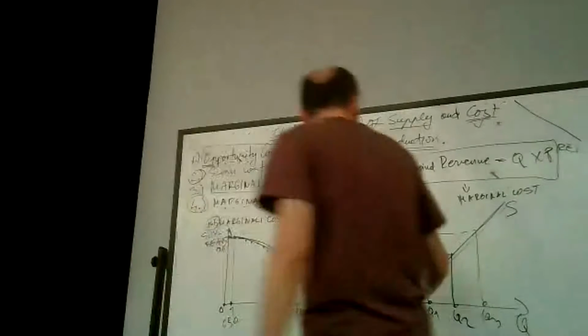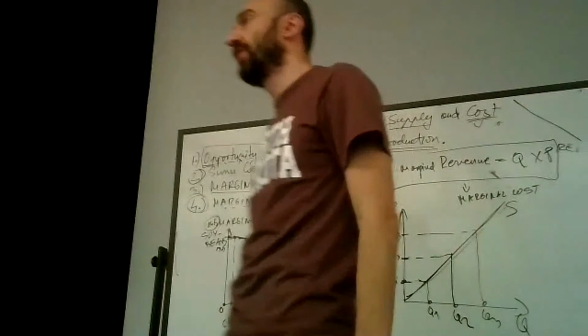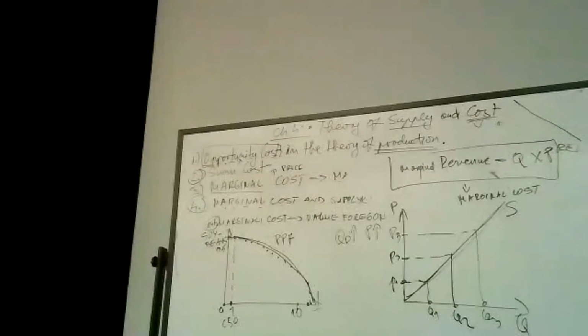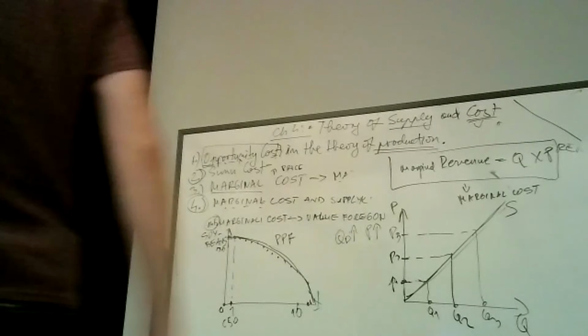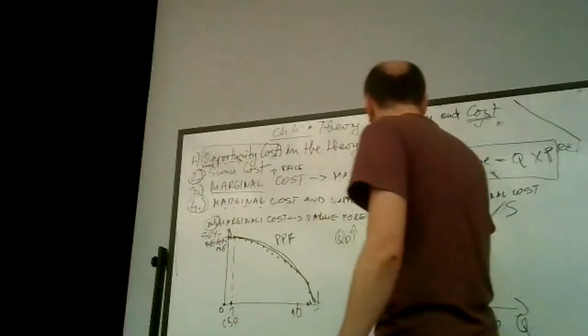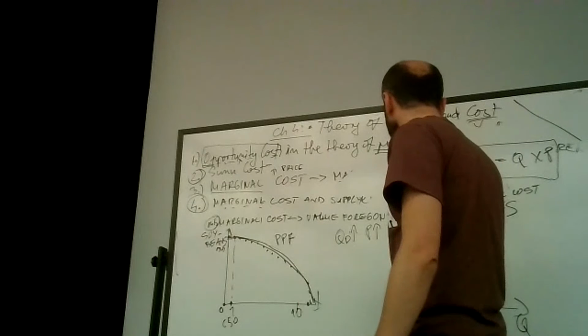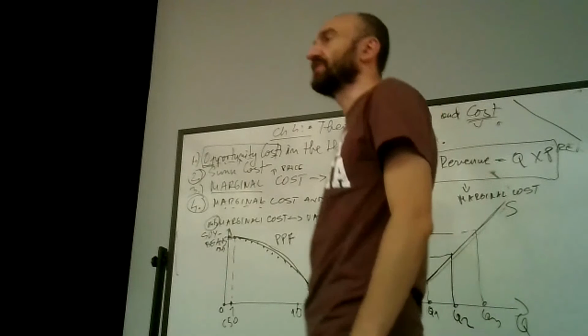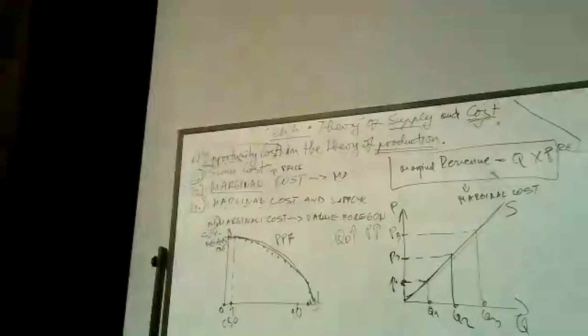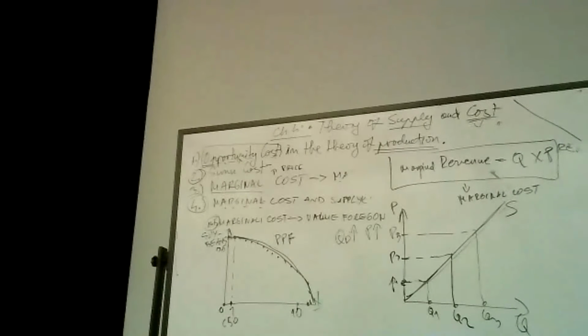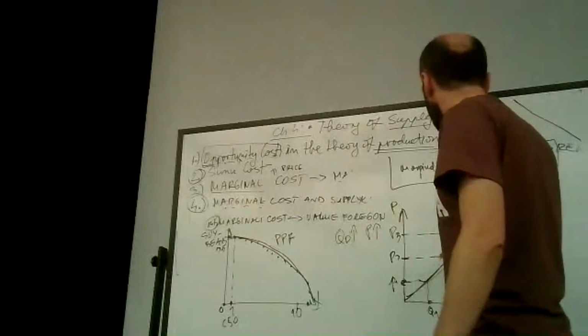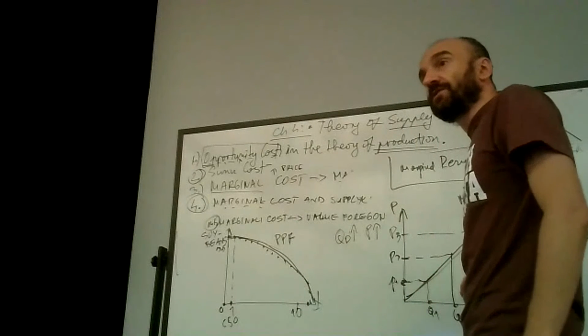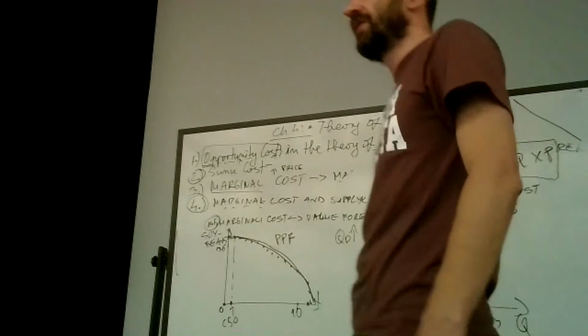So what happens actually when the price is lower on the market? Only the relatively low cost producers who can afford to make a certain quantity of goods at a cost lower than the price can afford to compete in the market. And as price increases, the quantity supplied in the market will increase.